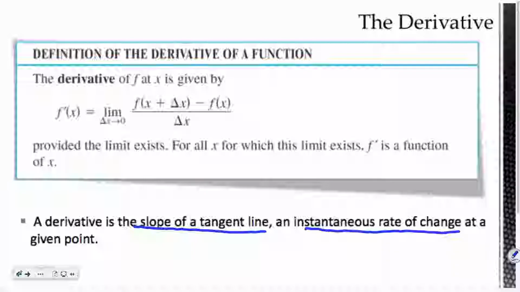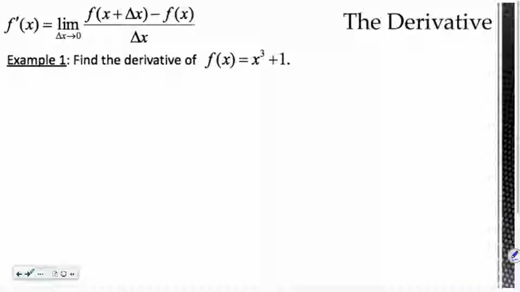Okay, so I want you to write down that our function is x cubed plus 1. So if I ask you to find the derivative, right now you know that the limit of the difference quotient means derivative.